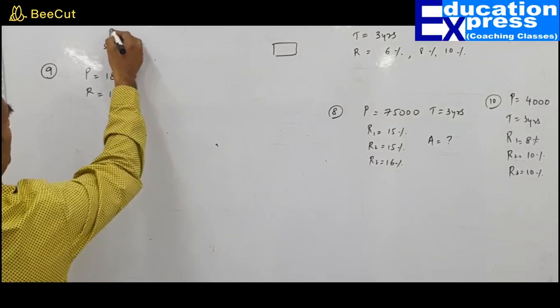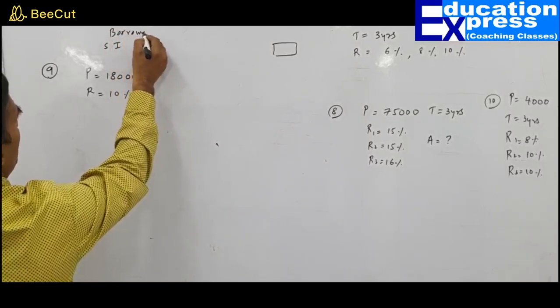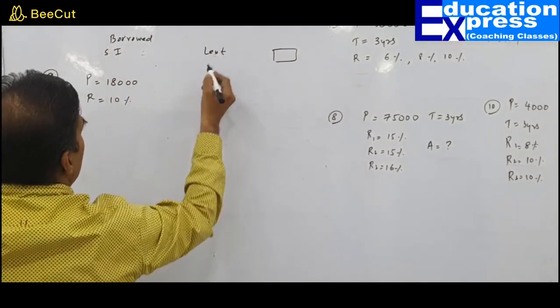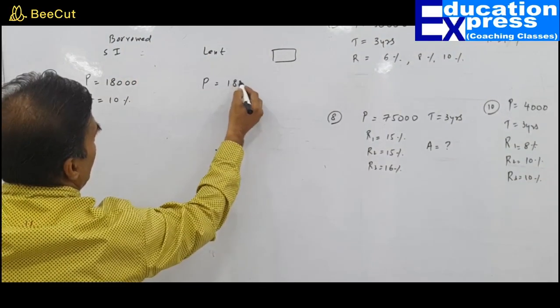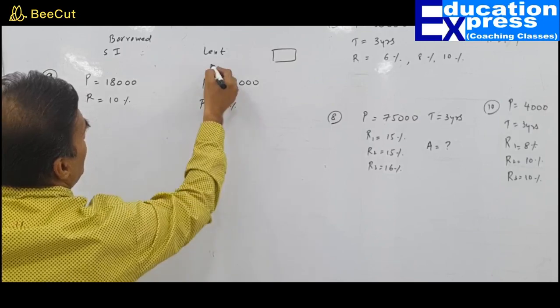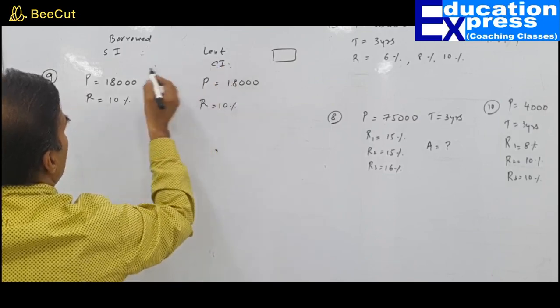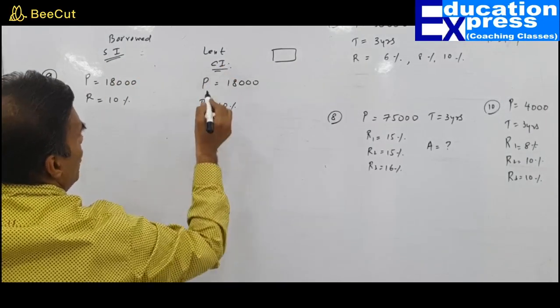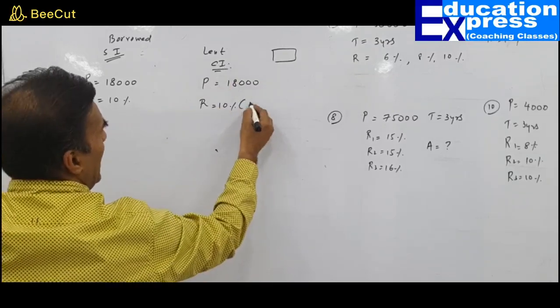So this is borrowed and this is lent. He immediately lent how much? 18,000. What rate? 10%. But this is compound interest, whereas this is simple interest. Also, the rate is half yearly.